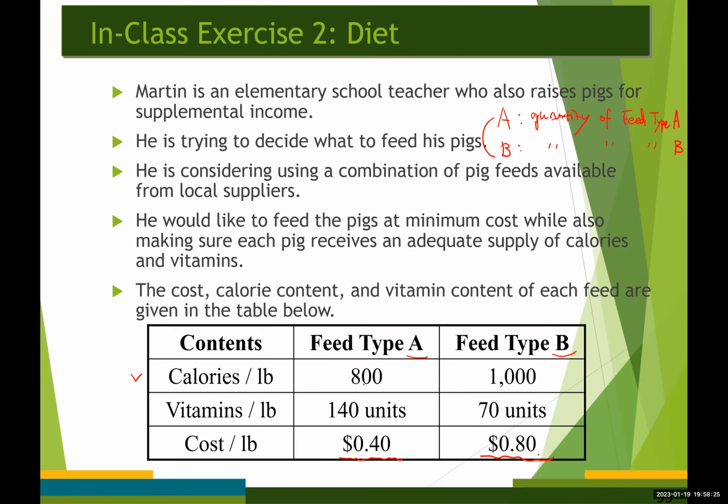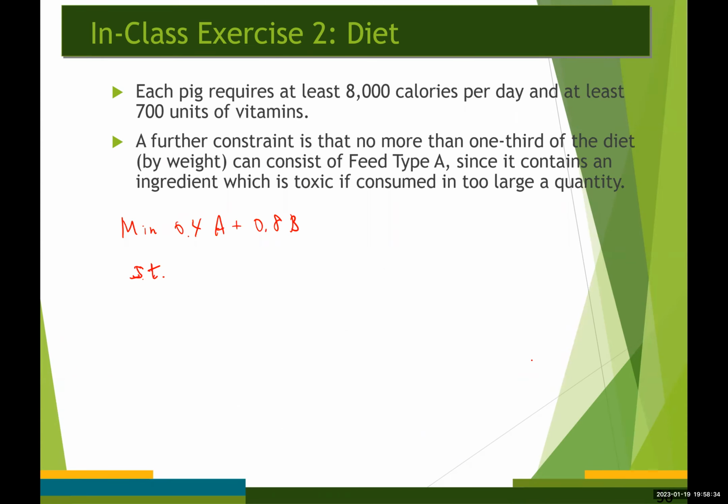Using these calorie values, 800 and 1000, we are going to have 800A plus 1000B, and this has to be greater than or equal to 8000 from here. So that's going to be the calorie requirement.